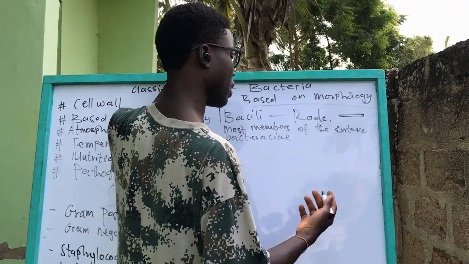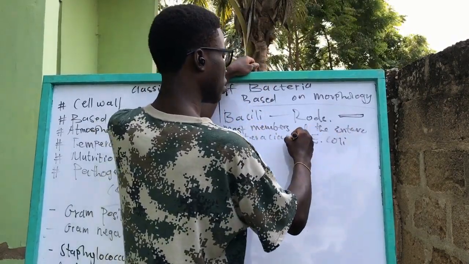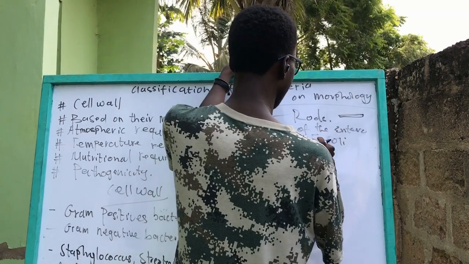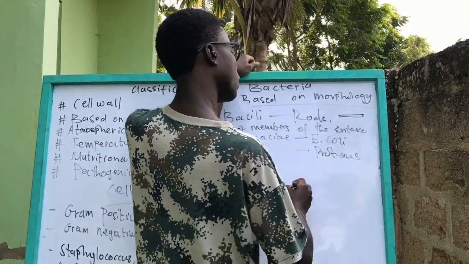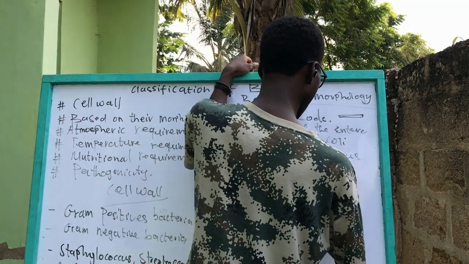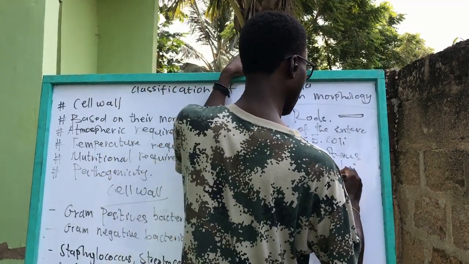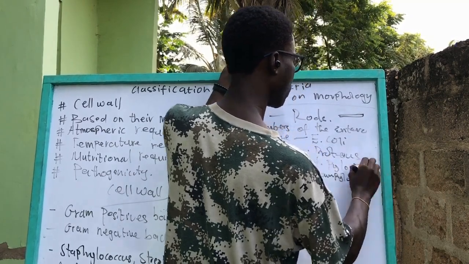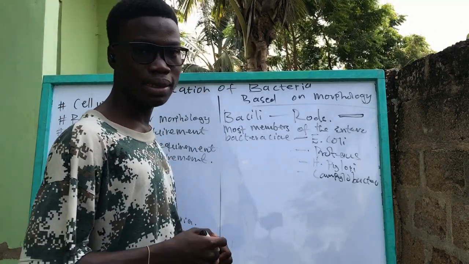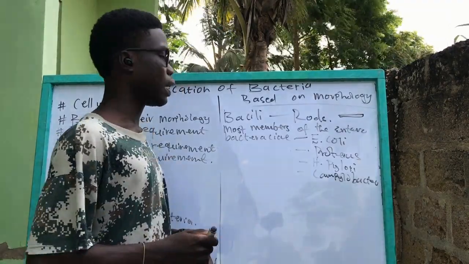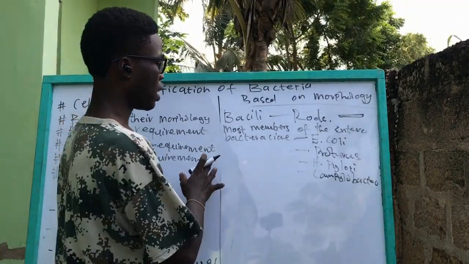When we talk about the Enterobacteriaceae, we can talk about E. coli, Proteus mirabilis, Helicobacter pylori, Campylobacter, Pseudomonas aeruginosa, etc. So those are the bacilli.